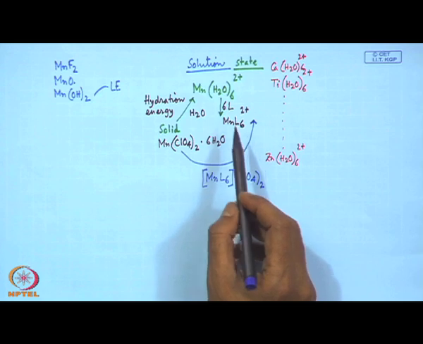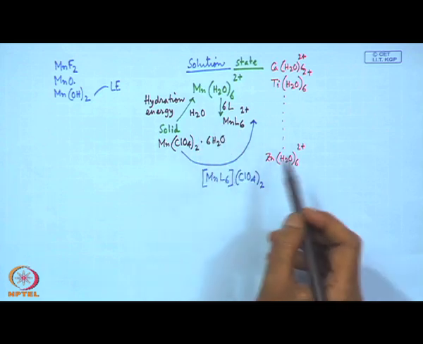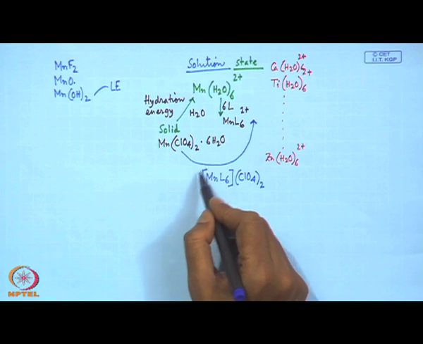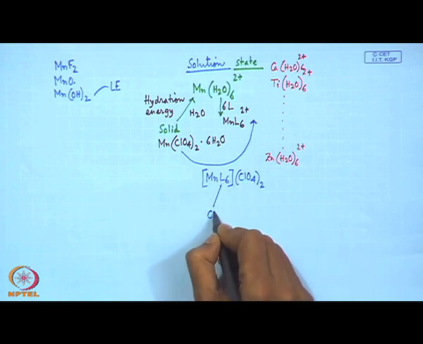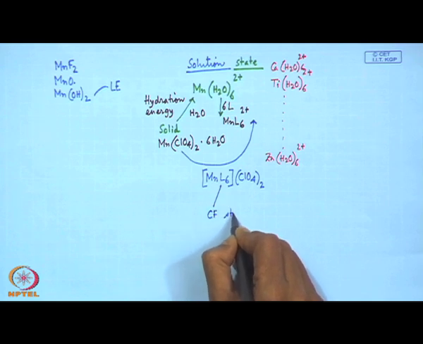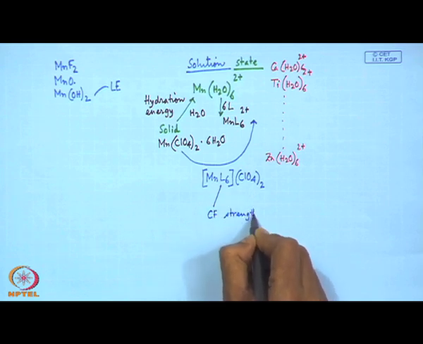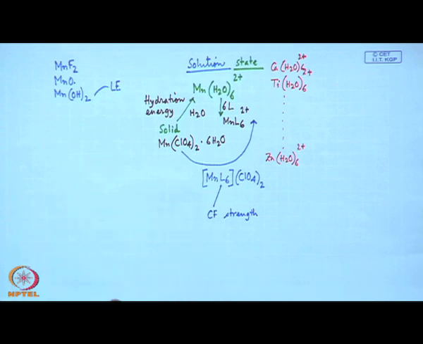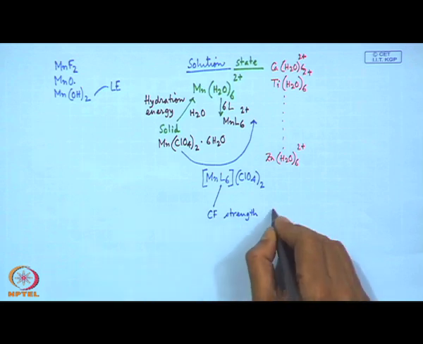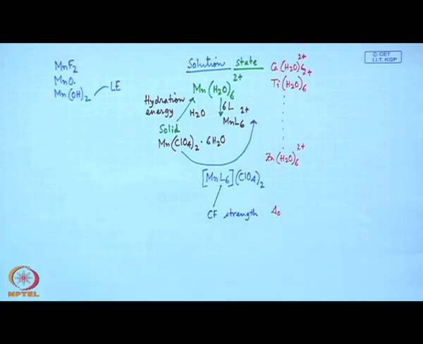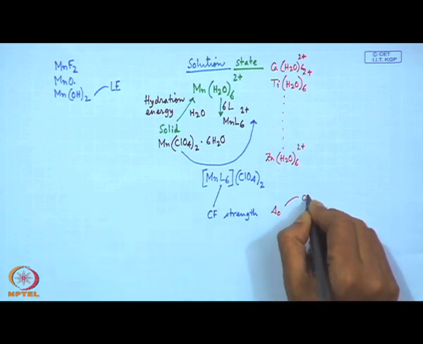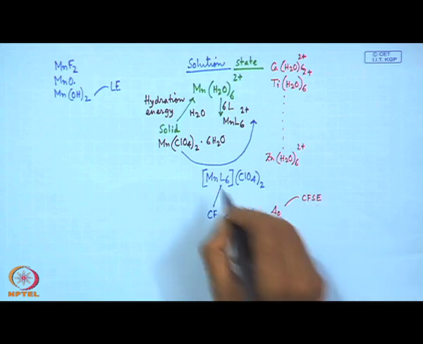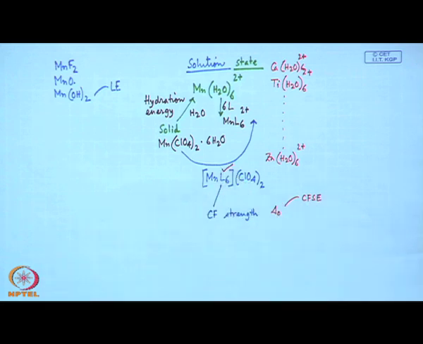So, we will have all sorts of other contributions afterwards. Whenever we are forming the corresponding metal complex, depending upon the crystal field strength of the ligand system, we can have different magnitudes of crystal field splitting, and their corresponding CFSE values for this particular ligand.